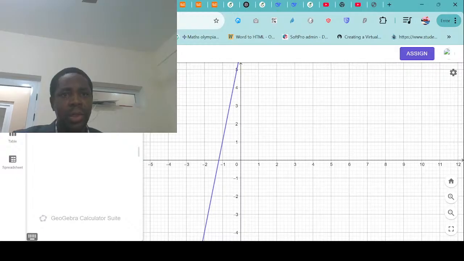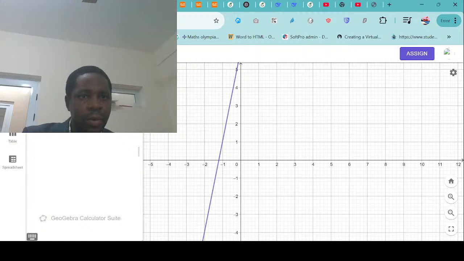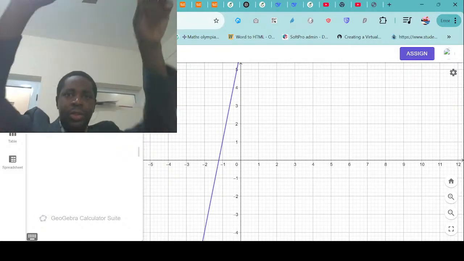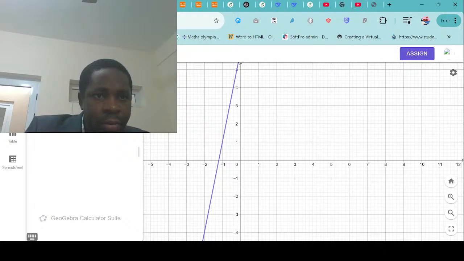It's telling me warning. So what's the warning all about? I need to figure out what the problem is. Let me see what happens with this. Okay, I think probably it's because I used f of x here.